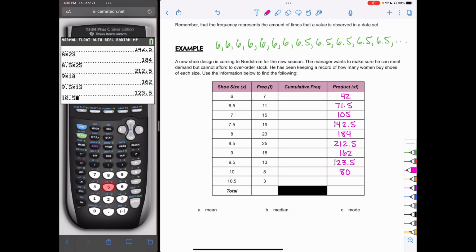And 10.5 times 3 is going to give me 31.5.